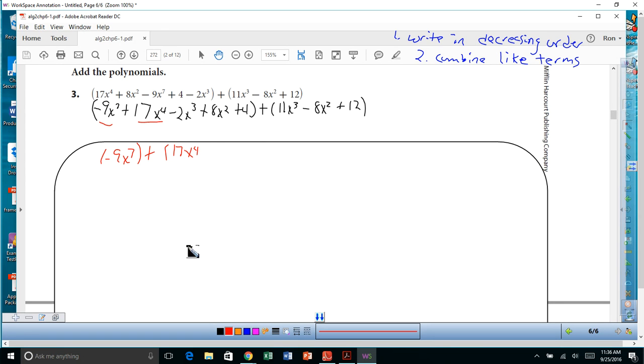And then, oh look, now we got negative 2x cubed and 11x cubed. So we got plus negative 2x cubed plus 11x cubed.